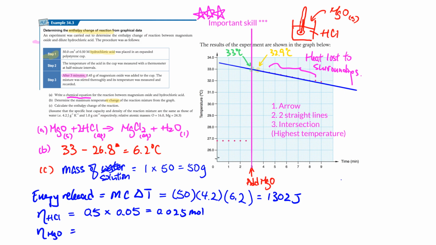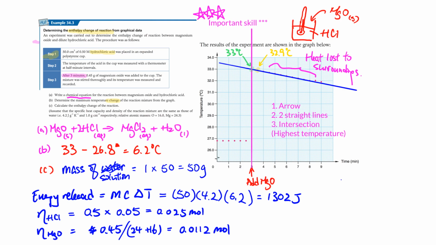So for the MgO, you got 0.45 over the mass of MgO, which is 24 plus 16. For these calculations, we can find it will be 0.0112 mole.